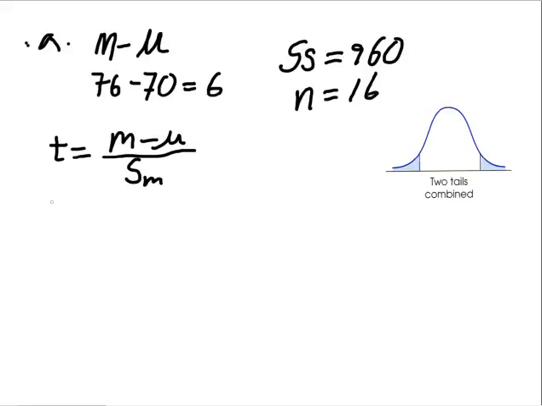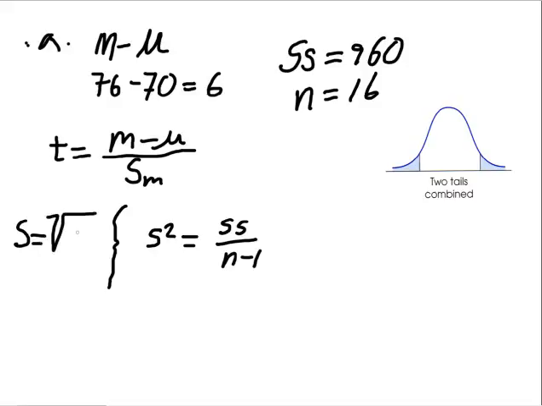So let's take a look at this equation right here, which is s squared, variance, equals SS divided by n minus 1. And of course that is the same sort of expression as this one.